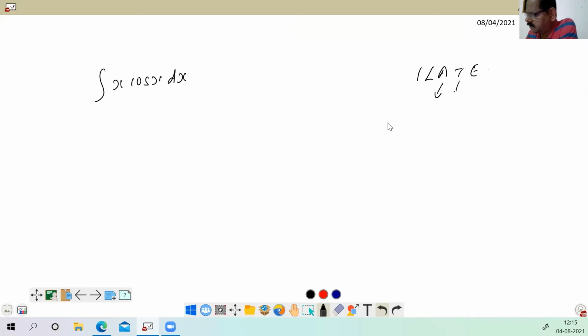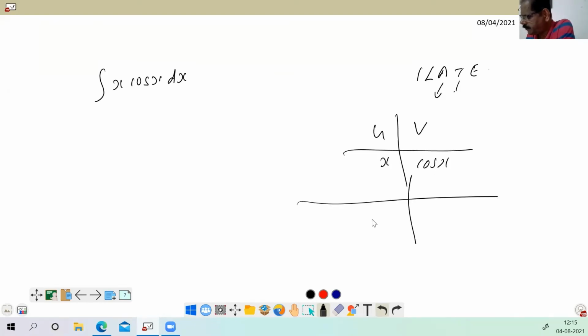So this is u v, u is x, v is cos x. So first u, x, into integral cos x dx, which is sin x. Integral sin x dx is minus cos x.